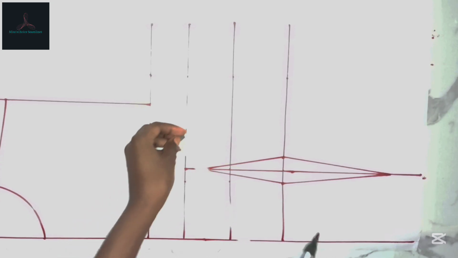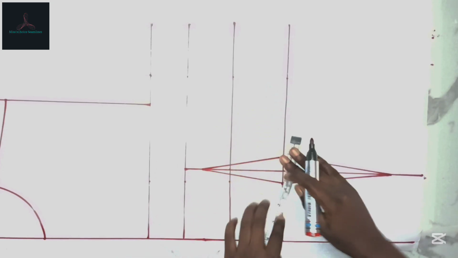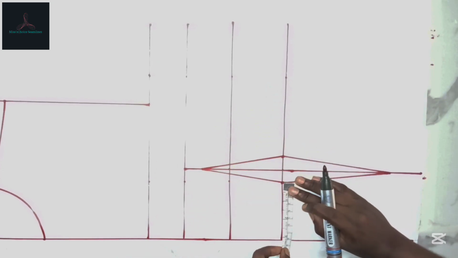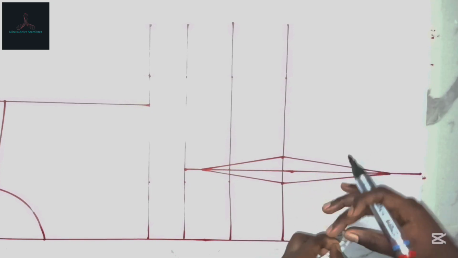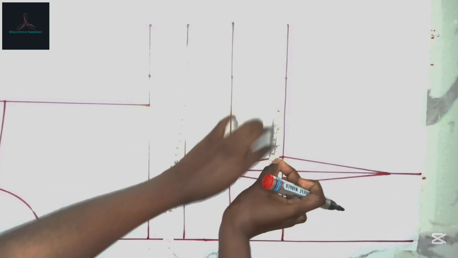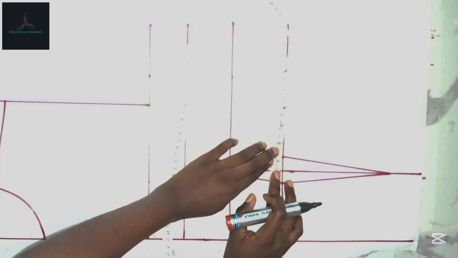The waist is 31 inches. 31 divided by 4 is 7¾. So I am going to take the measurements in this manner. From here I have 3½ and I am going to continue the measurement at this other dart leg.